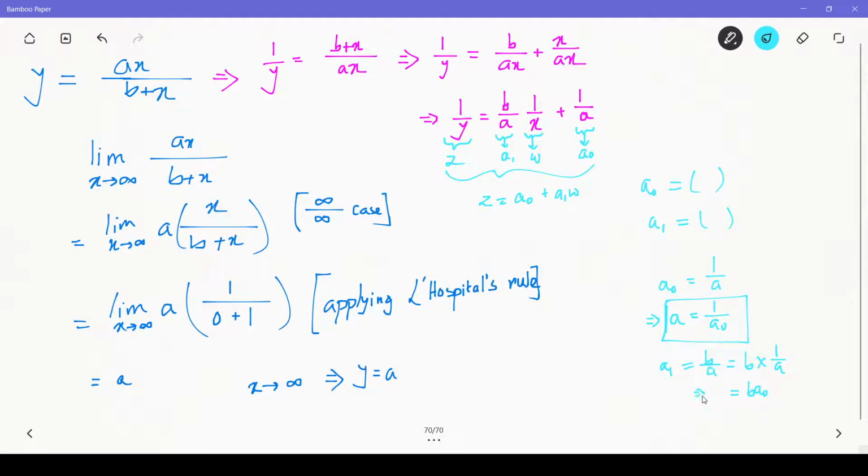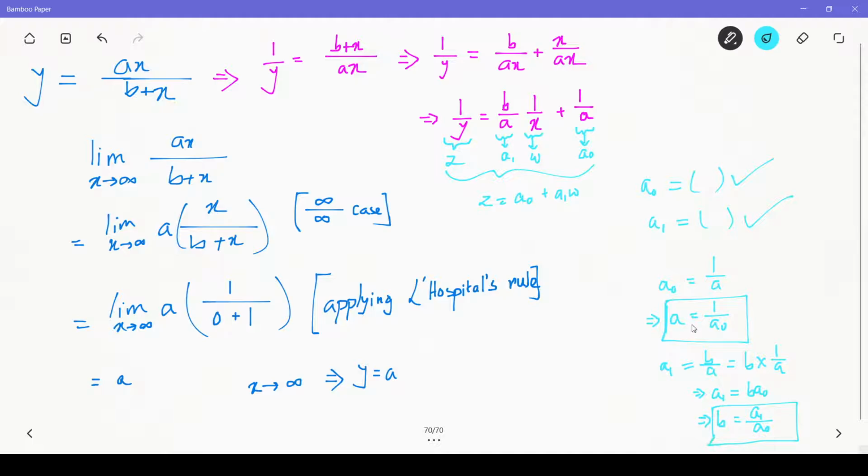So a1 is equal to b times a naught. We need to find the value of b, so we can write b as a1 divided by a naught. After we find the value of a naught and a1, we just divide a1 by a naught and we get the value of b.